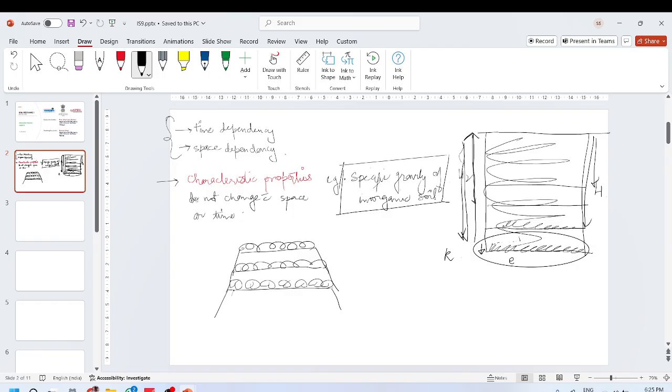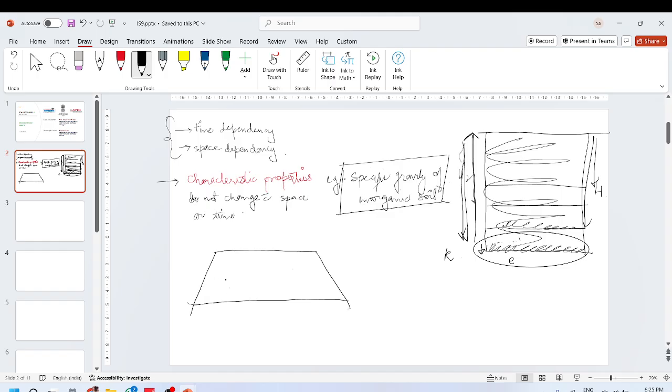So the first layer receives multiple compaction efforts as compared to this layer. It will receive one less, this layer will receive one less. So you cannot say that you have compacted this dam or embankment to a uniform relative density. This density will always be high.